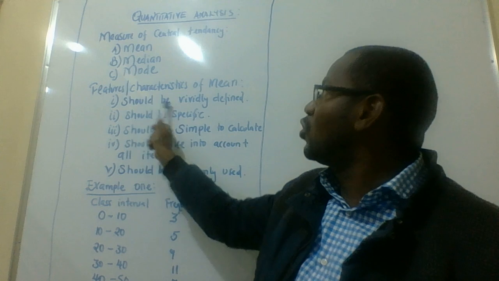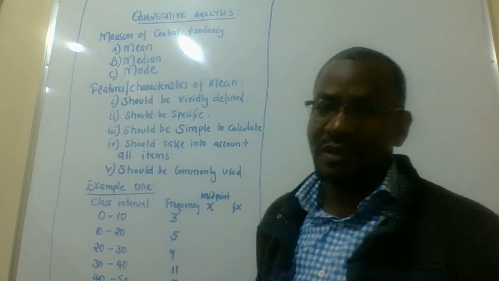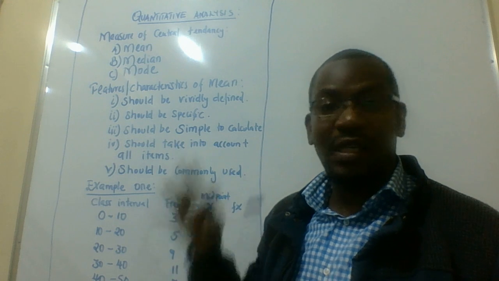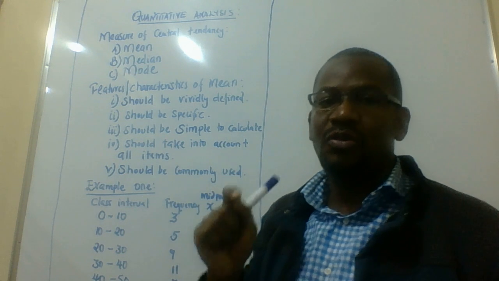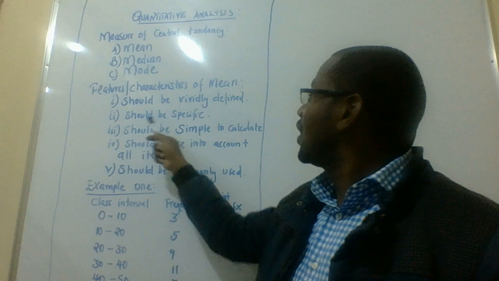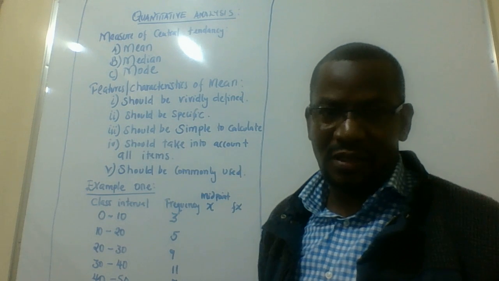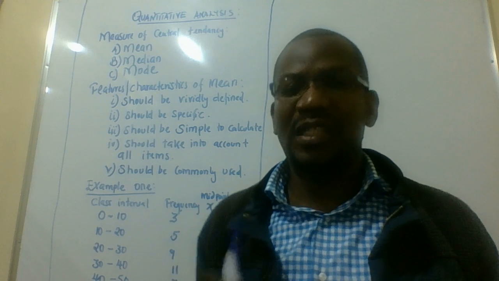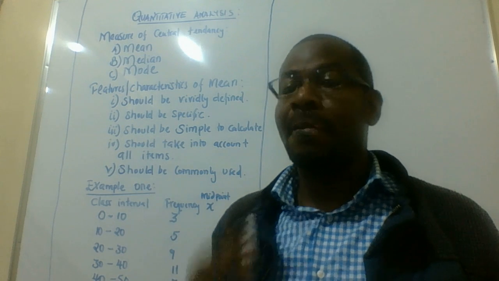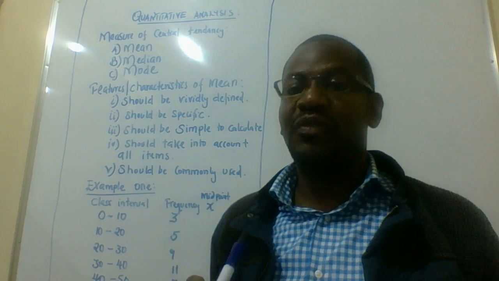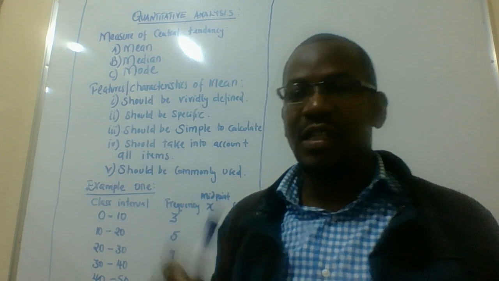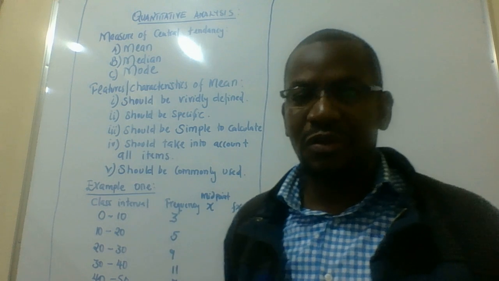A good measure of central tendency, even measure of dispersion, should be vividly defined. It should be specific. Don't give it in range. Be specific, be definite that this is the mean, or this is the median, or this is the mode.